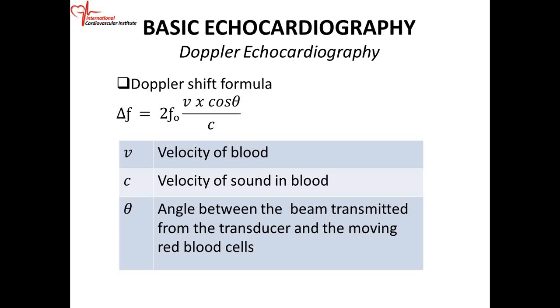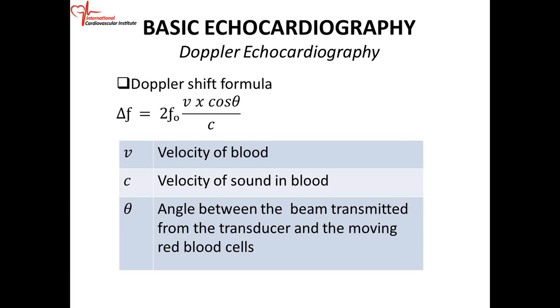So you want to get that ultrasound beam as parallel to the moving red blood cell as possible. And that is why we always tell you, if you're looking at any structure, try and get the ultrasound beam parallel to the structure, parallel to the blood flow as much as possible, otherwise you're going to get a lower velocity.